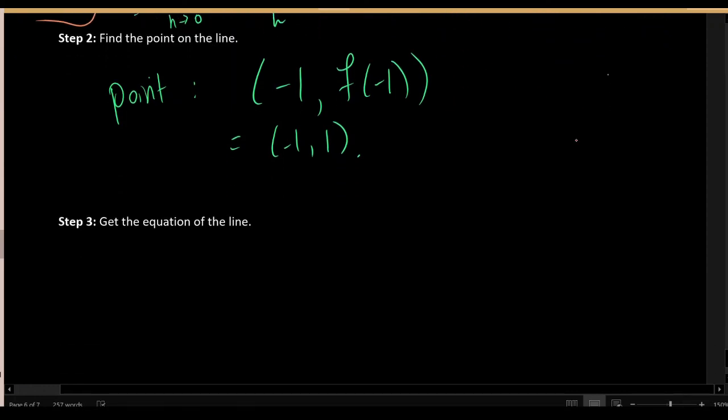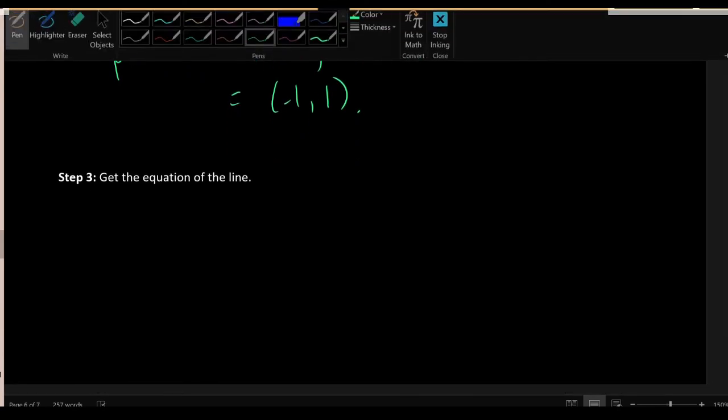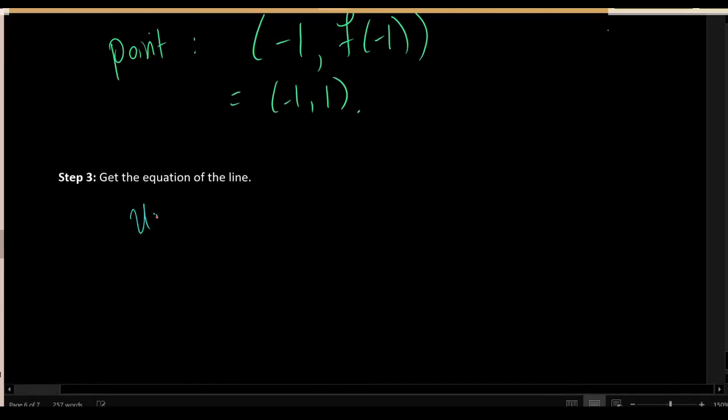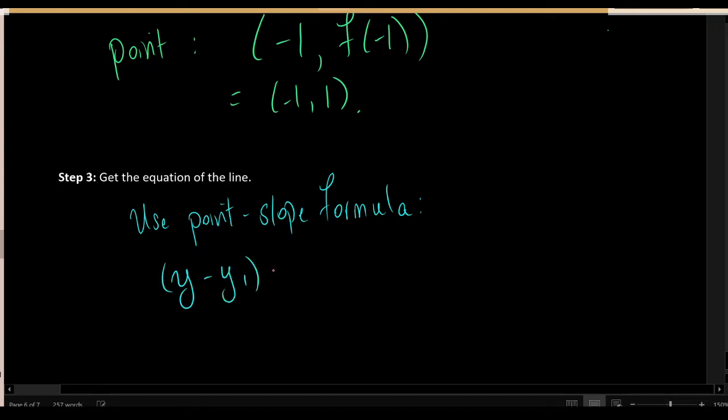Generally speaking, my favorite way to find the equation of a line, given the point and given the slope, is to use the point-slope formula, which says that you can take y minus the y of your point equals m, and multiply that by x minus the x of your point.